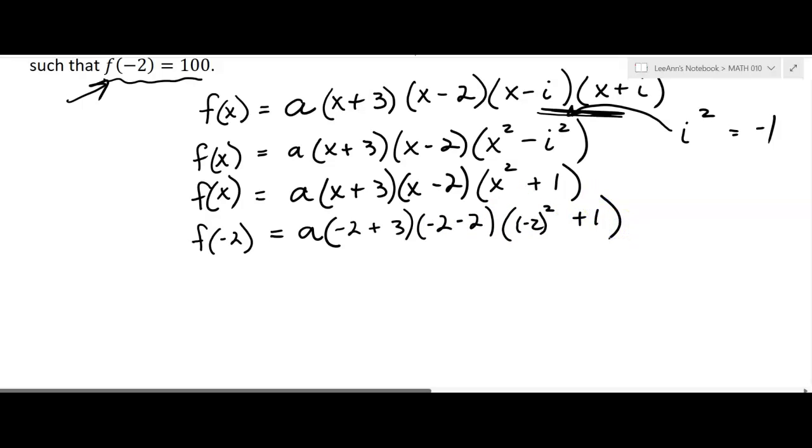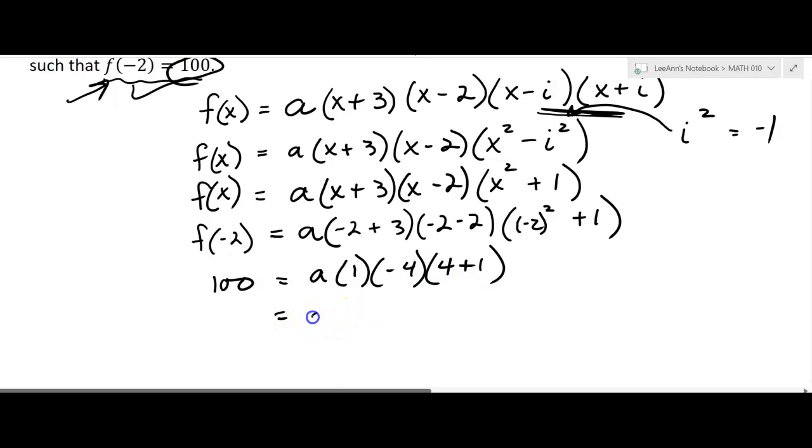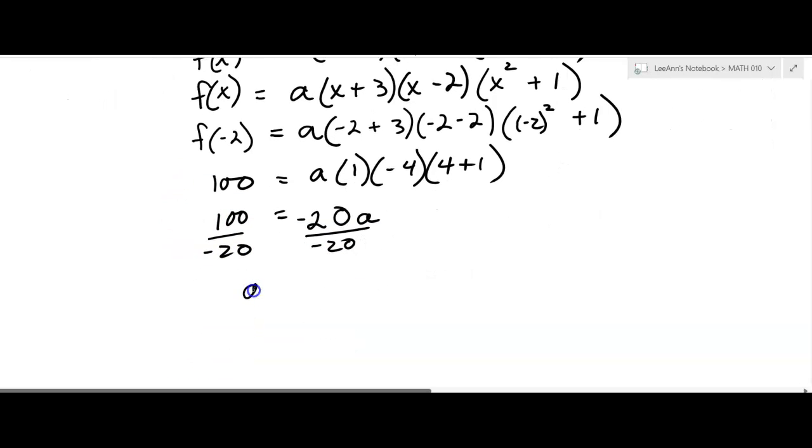But we know that f of -2 is equal to 100, so 100 is going to equal a times 1 times -4 times 4 plus 1, which is 5. So what's that going to be? -20a is going to equal 100. If you divide both sides by -20, you're going to get a equals -5.